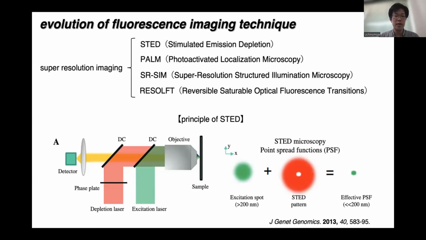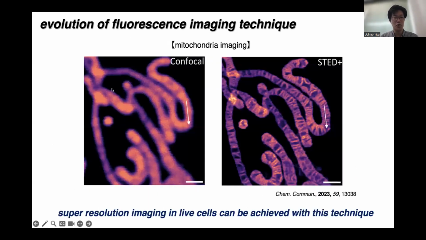However, briefly, please understand that we can conduct super resolution imaging by fluorescence. Also, it is very expensive. It's not a common method, but still we can conduct it. So you can understand the power of super resolution imaging by fluorescence.